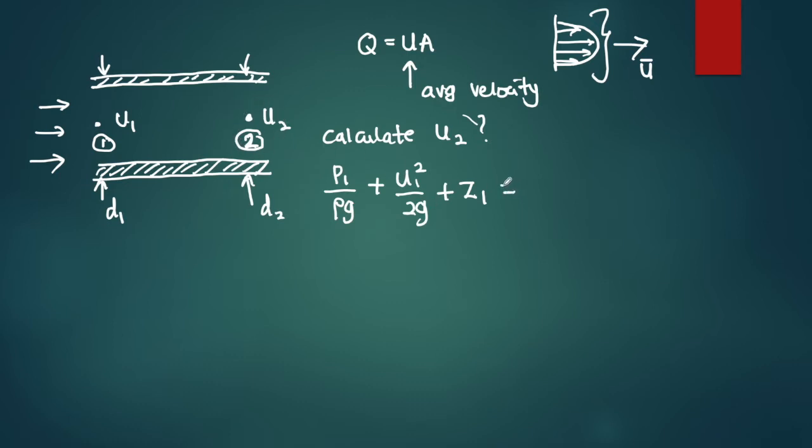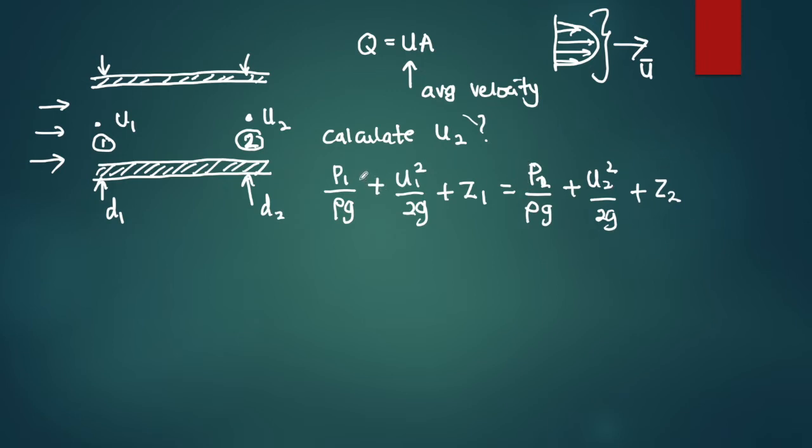In is equal to out, so it equals P2 over rho g plus U2 squared over 2g plus Z2. This is the summation of energy at point 1, and this is the summation of energy at point 2.